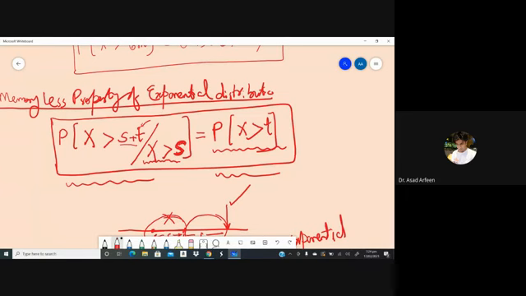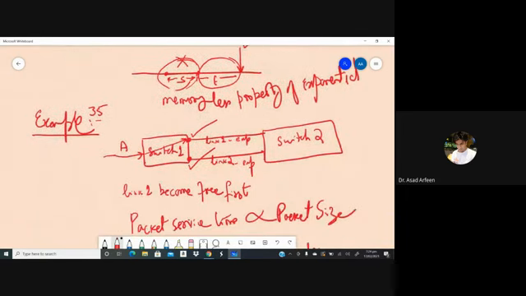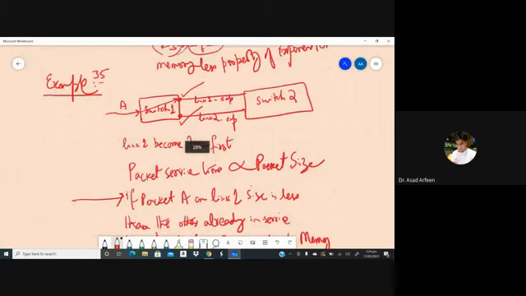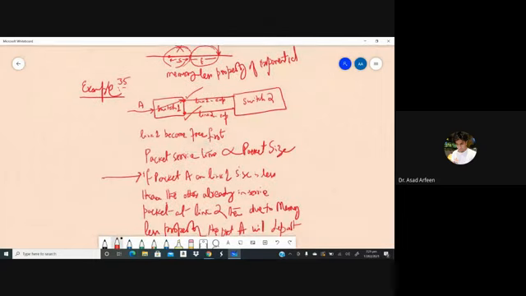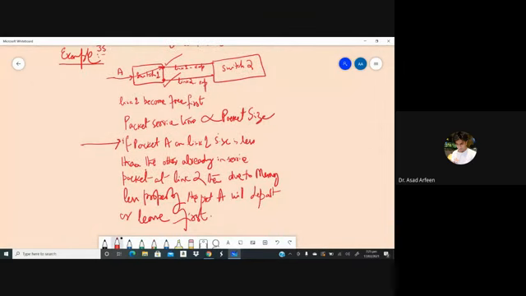That's why we used this property, to make sure both links are equally likely to depart first. So I think this is clear to you.